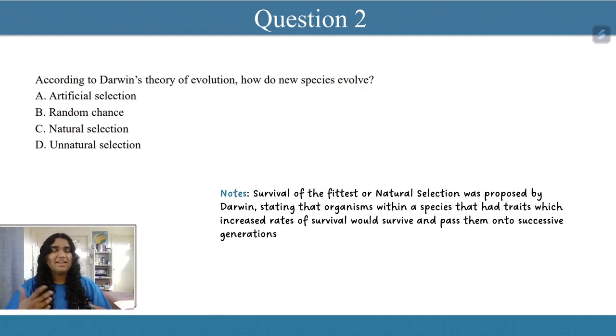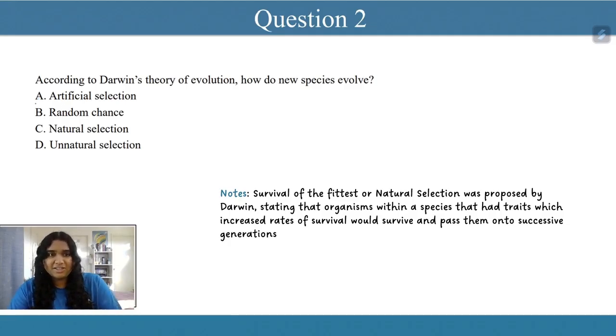But the thing is, in any population, there's going to be a natural amount of variation caused by dominant and recessive alleles, mutations, gene flow, that kind of thing. And at the end of the day, those who survive are the ones with the positive traits, and they will be passed on to their offspring through successive generations.